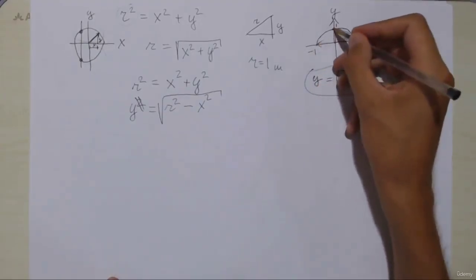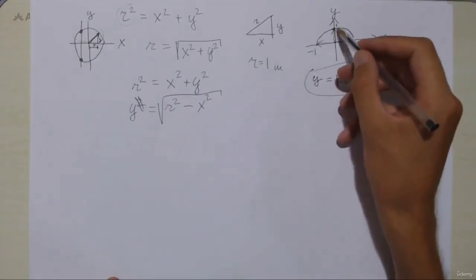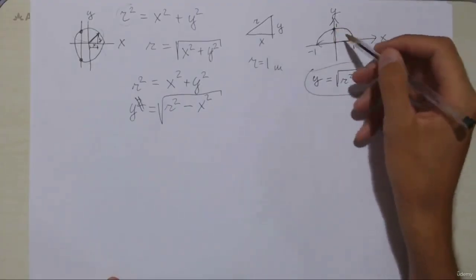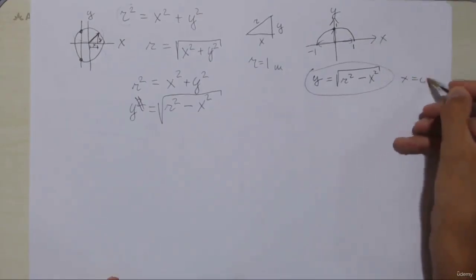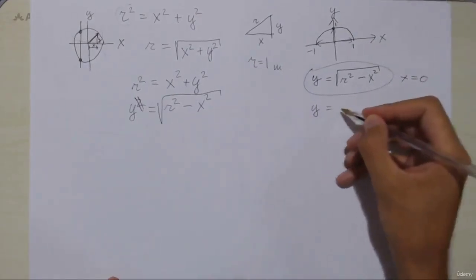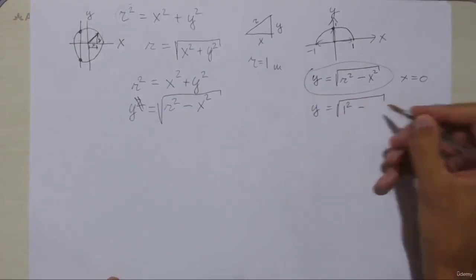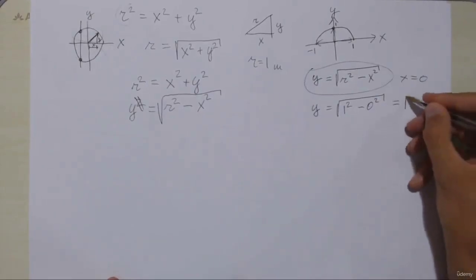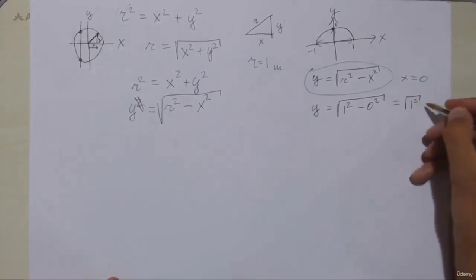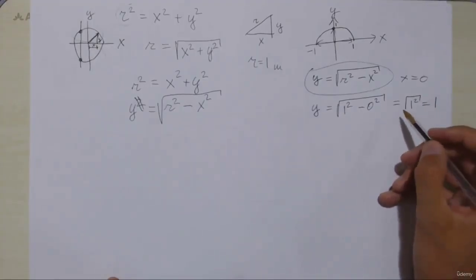If the radius goes up, then x equals 0 and y equals 1. Let's just take an example. If x equals 0, then y equals the square root of 1 squared minus 0 squared, and you would get the square root of 1 squared, which is 1.